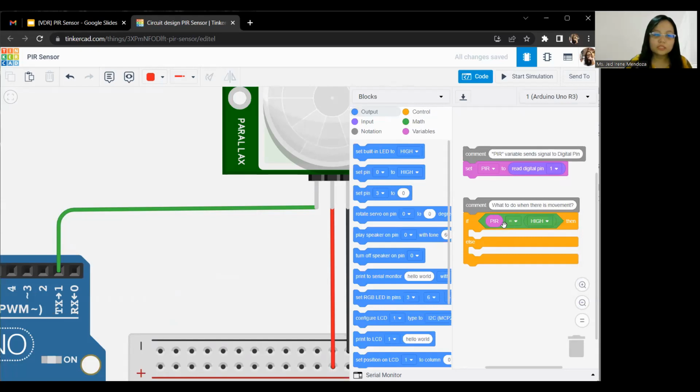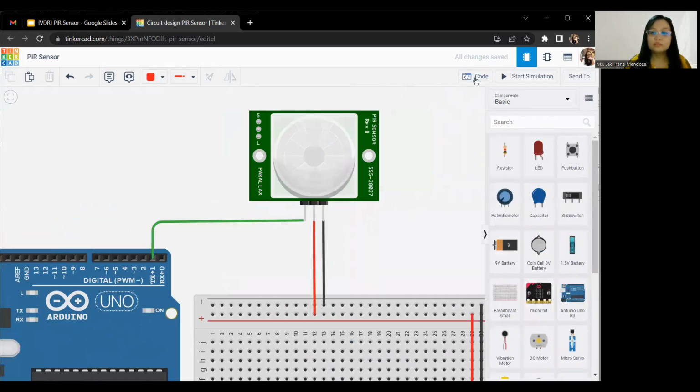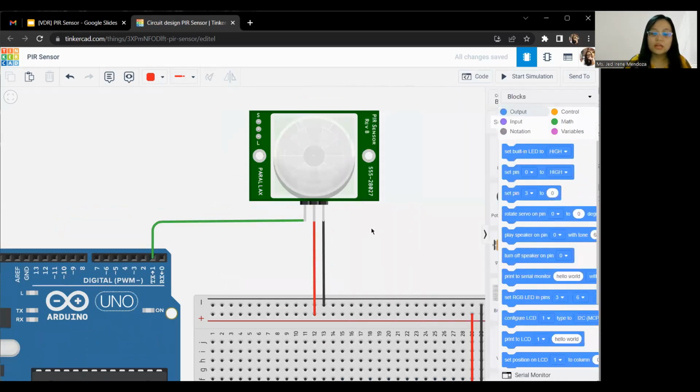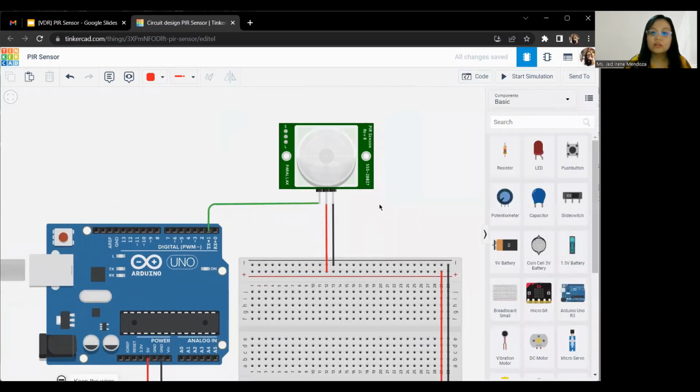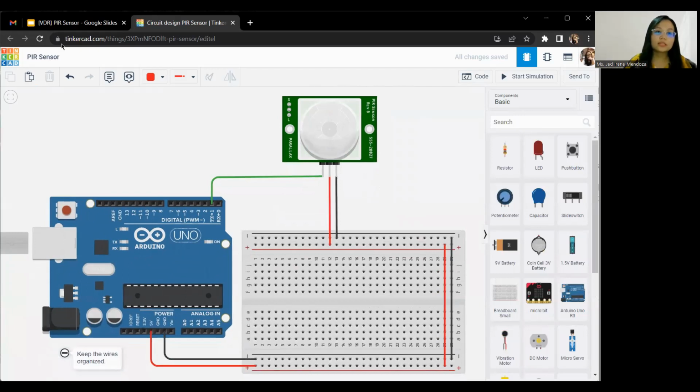If the PIR sensor is equal to high, it means if the PIR sensor detects a movement, then what will happen? And if no movement is detected, then again, what will happen? So we're done with the coding structure and how we connect the PIR sensor to our Arduino circuit.